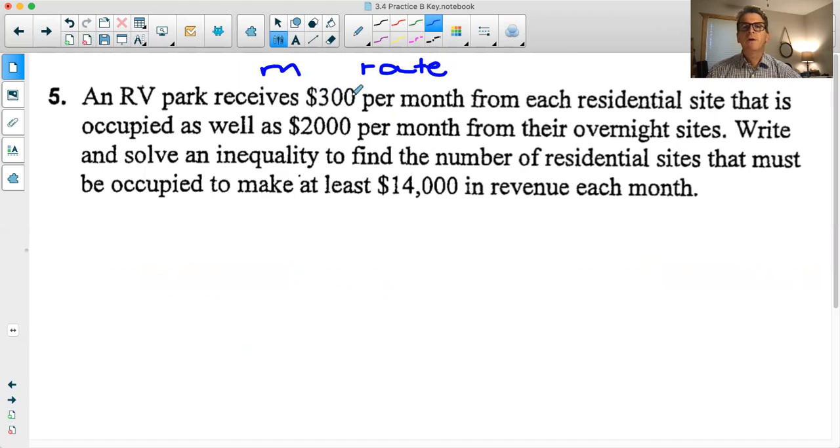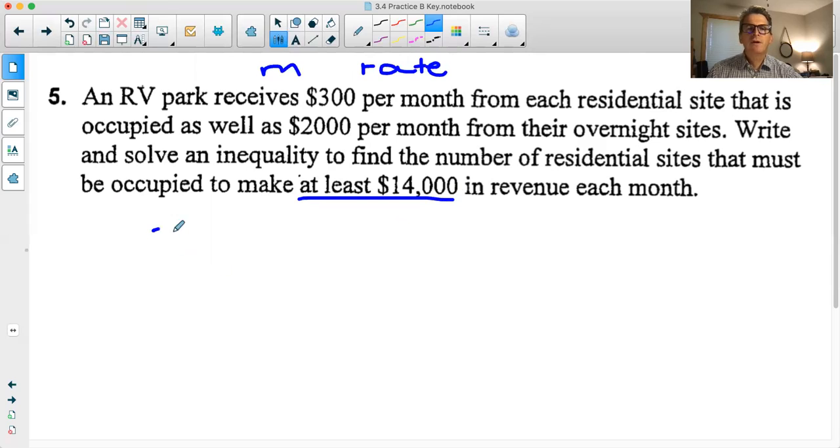$300 per month from each residential site that is occupied, as well as $2,000 per month from their overnight sites. So they get this $2,000 a month for folks who just come to stay overnight as they are camping. It says write and solve an inequality to find the number of residential sites that must be occupied to make at least $14,000 in revenue.